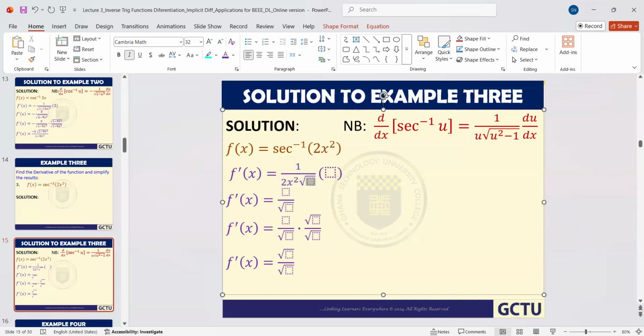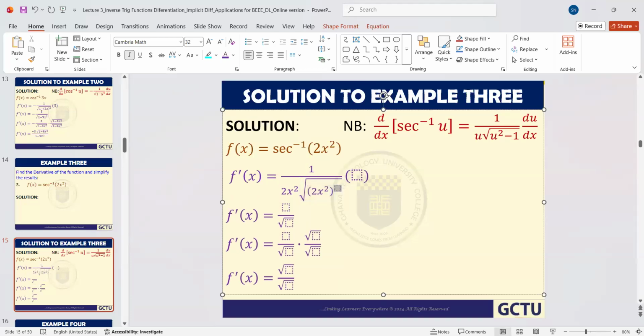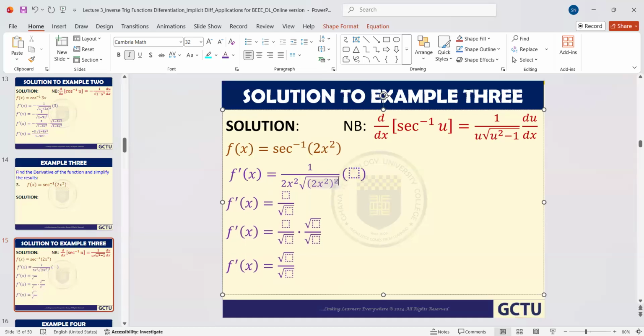And then under the root sign, we are going to have u squared. U squared obviously is going to give me 4. Okay, well, let me write it for the first time. So 2x raised to the power 2, all this squared, then minus 1.